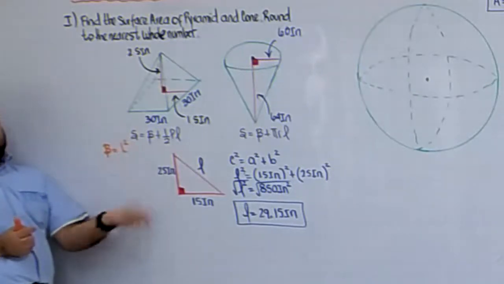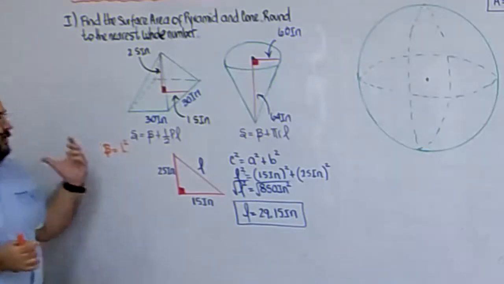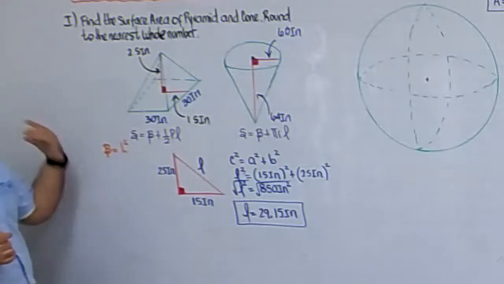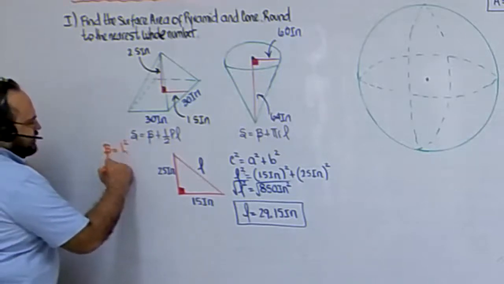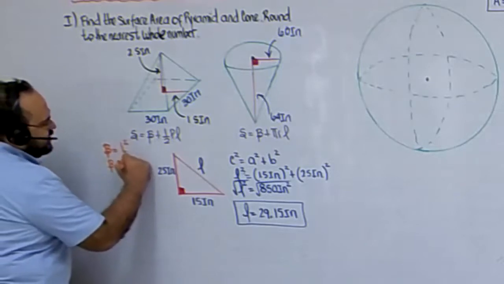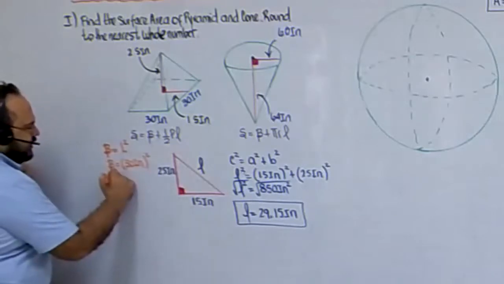The main thing is to replace the letter L by 30 inches. I mean, beta will be equal to 30 inches to the second power.